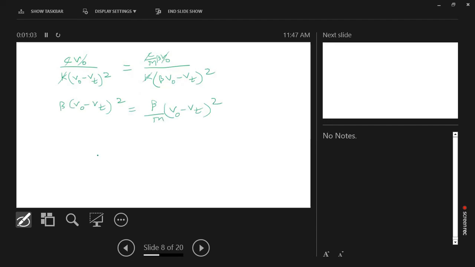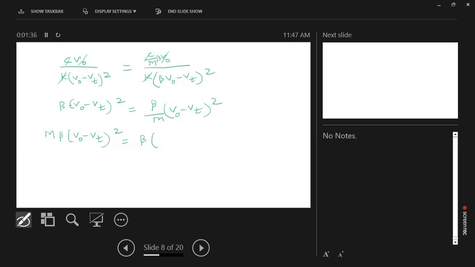Cross multiply. So here M will go to the left side. Somewhere I am doing wrong. Here it is beta by M, this is correct.